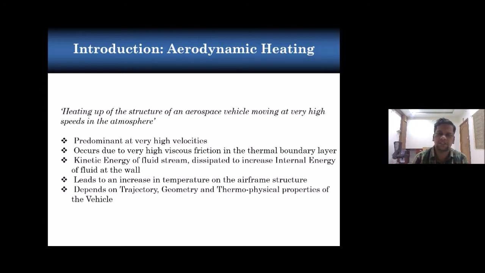Because of this viscous nature, the air sticks to the surface very near the skin of the airframe structure, and beyond that it reaches its free stream velocity. Aerodynamic heating also affects the thermophysical properties of the airframe section.